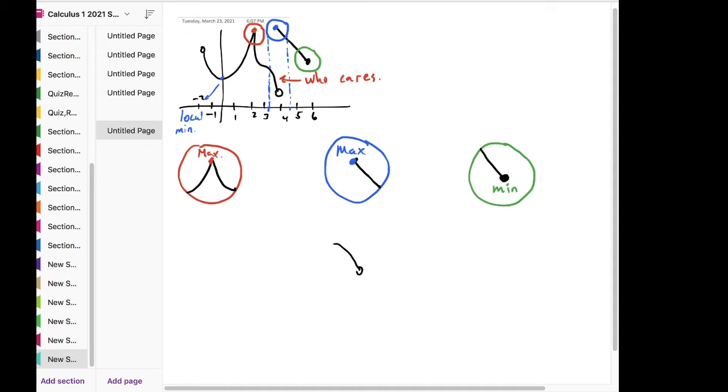This is why I like the little circle trick. You can just draw little circles, and you can see easily how things are maximal or minimal. Okay, so questions about that? Does that make sense to everybody?